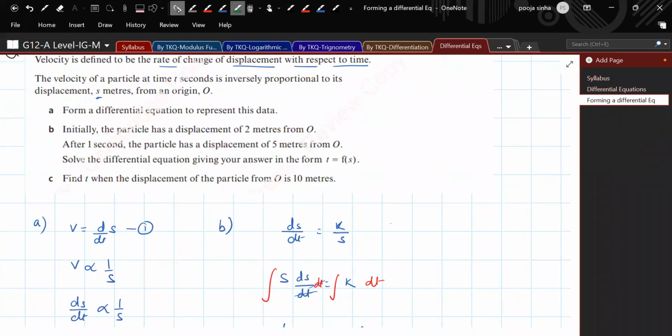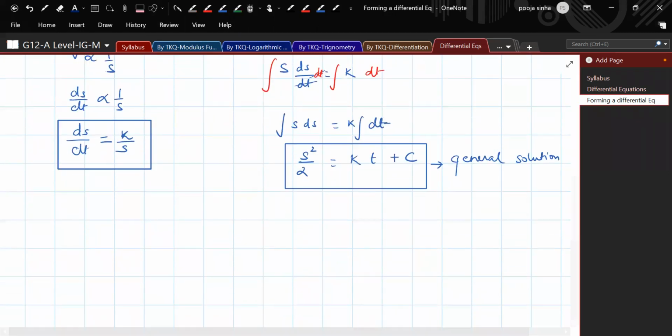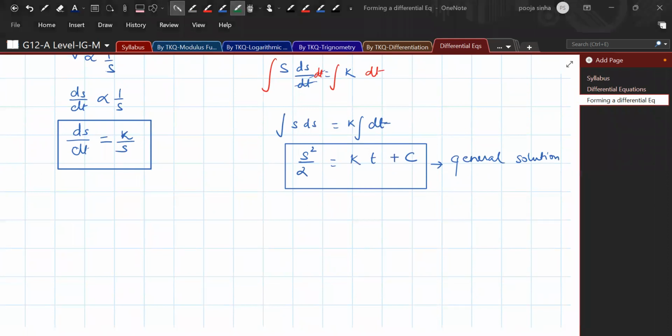Now what has been given to you? It is given that after 1 second the particle has a displacement of 5 meters. Initially the particle has a displacement of 2 meters. So what all has been given to us, we have certain values. What values?